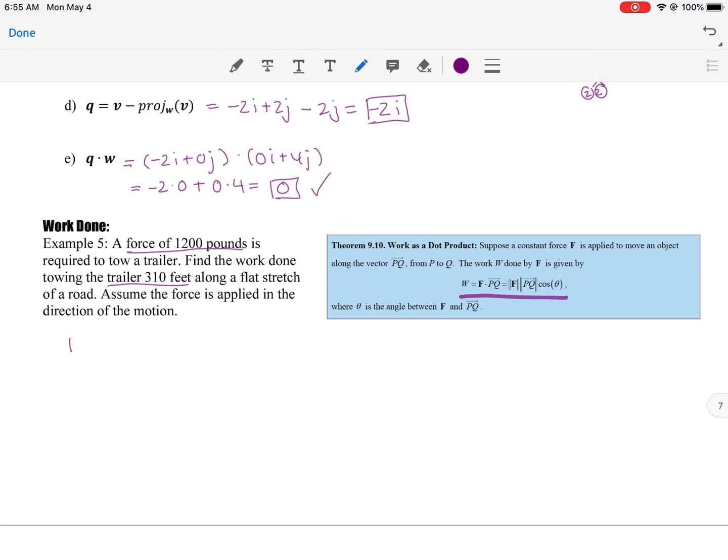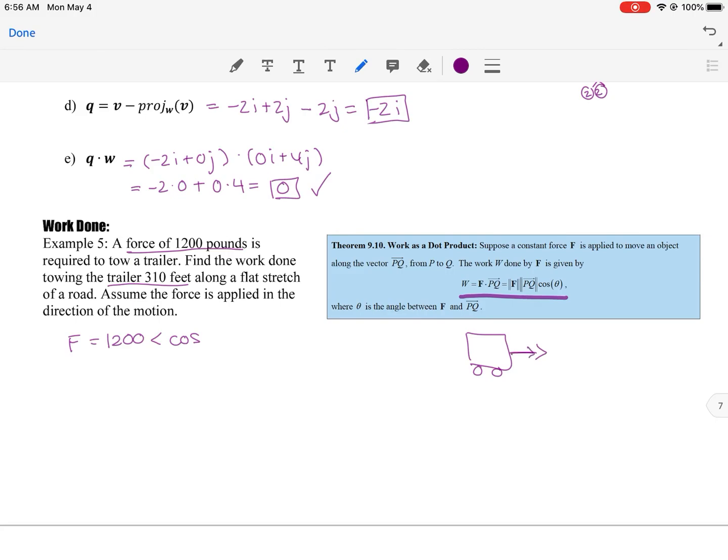So here, our force is going to equal that vector, which is going to be 1,200 times cosine of how far the angle is moving. In this case, if you think about this trailer, we've got this trailer, and it's being pulled kind of this way, so that does not have an angle at all.